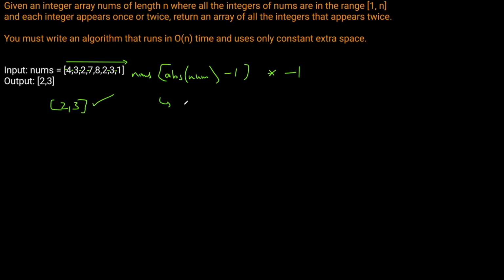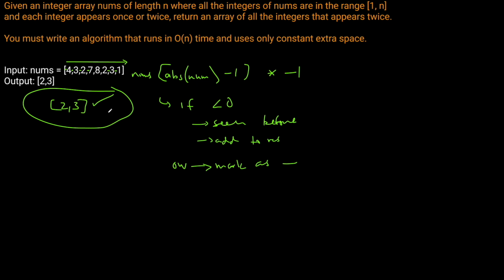And if the current number is already less than 0, that means that we've seen it before, right? Because the only way it could be negative is if we've already seen that number and we've already marked it. Seen before, and we want to add it to res, right? Otherwise, we just want to mark it as negative. And that's what we want to do.